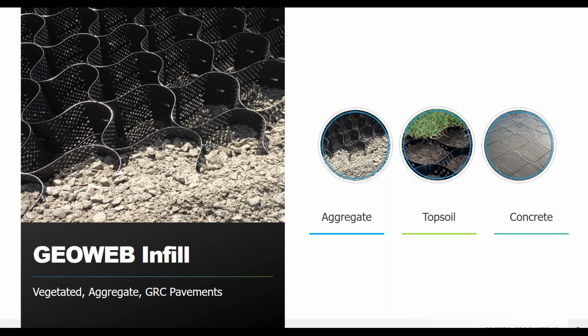With the GeoWeb system, low friction angle materials are just fine. And the GeoWeb panels can achieve their full potential even when you're using salvaged material or low quality material. So just an aspect of the system that provides some really huge cost savings, something to consider.